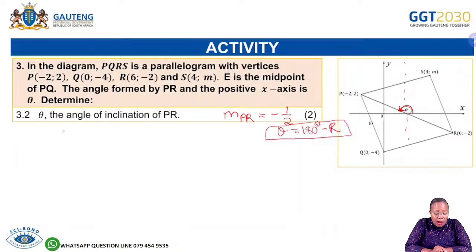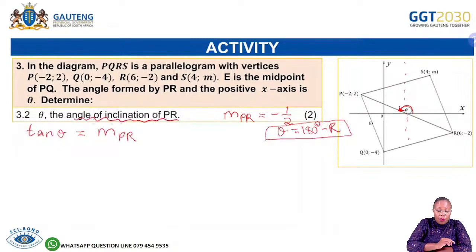Okay, now let's start. We are looking at the angle of inclination of PR. The formula for the angle of inclination is tan of theta equal to the gradient of the line where theta lies, which is PR, and that is the tan of theta equal to the gradient of PR, which is minus a half.